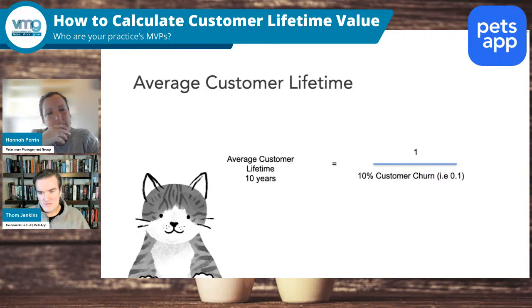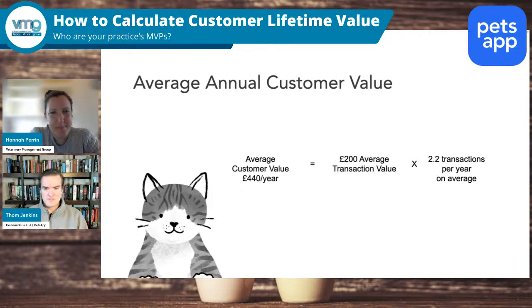Your churn rate would be 50% and your average customer lifetime would be 2 years. That would be extraordinarily low in a veterinary clinic, but it does happen in some locations. For example, if you're serving an expat population, they tend to cycle quite often. So your customer lifetime value might be lower, or your customer lifetime at least might be lower.